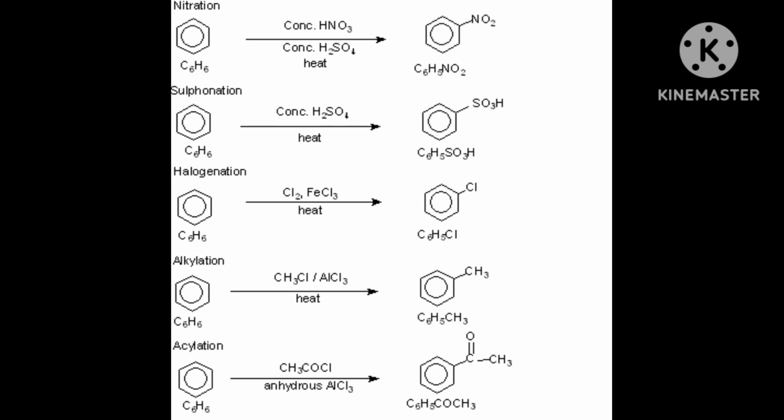And now see, this CH3CO is attached to the benzene ring. Carbon of COCH3 attached to the benzene. This is called acetophenone. Now you can understand why acetophenone, because from that carbon double bond is there, CO. Oxygen is attached, and it is also attached with CH3.